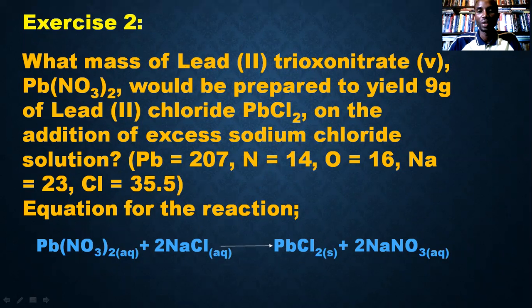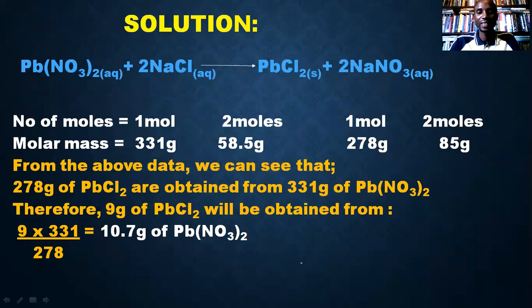to yield this. All right. From that, we found out that 1 mole of lead nitrate requires 2 moles of sodium chloride, and 1 mole of lead chloride is produced, and sodium nitrate 2 moles.